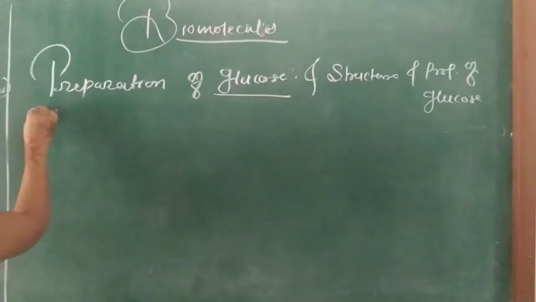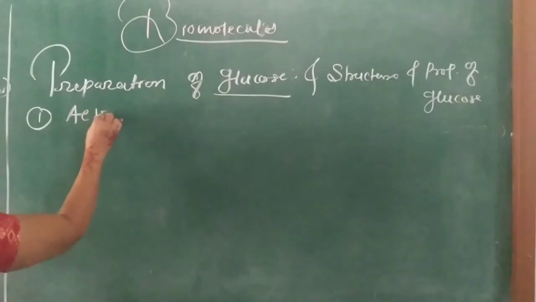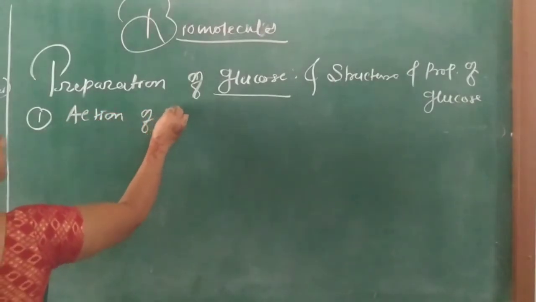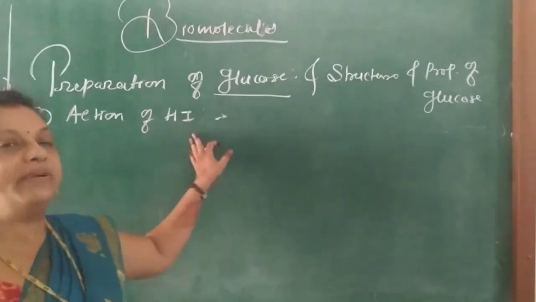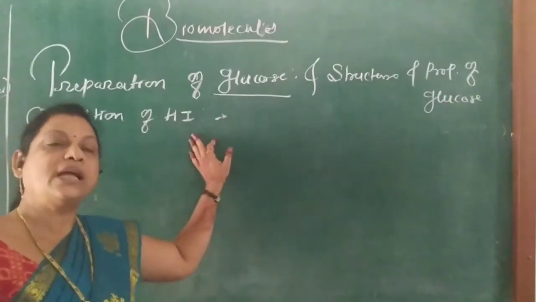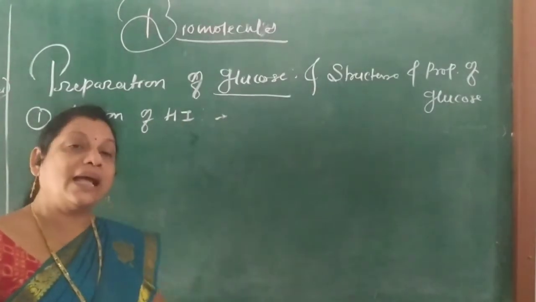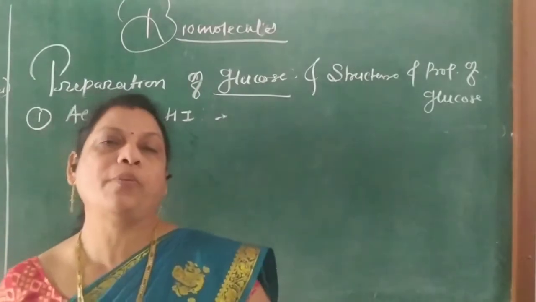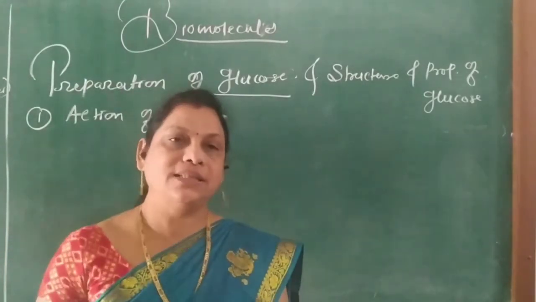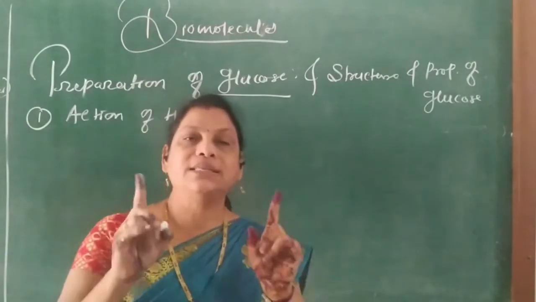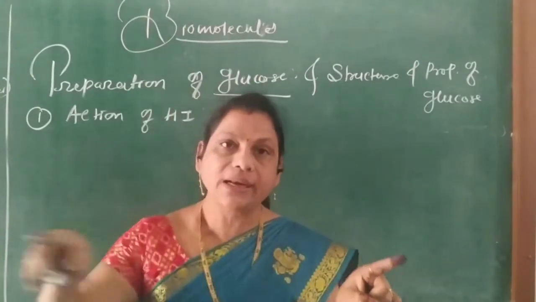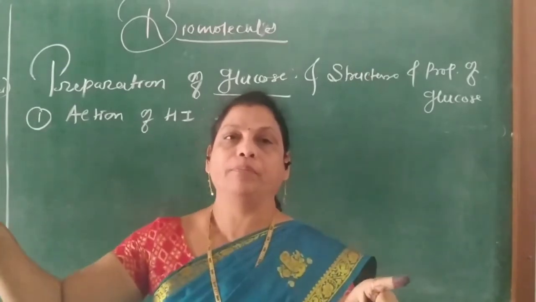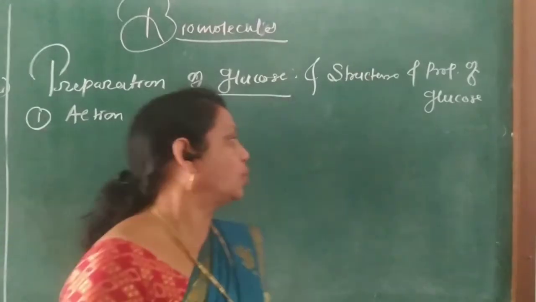Here first, action of HI. When glucose is heated for a prolonged time with HI, it gives n-hexane. The formation of n-hexane indicates that glucose contains 6 carbon atoms in a straight chain, means they are present linearly in glucose.